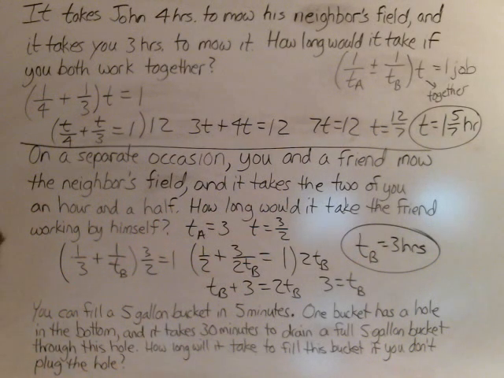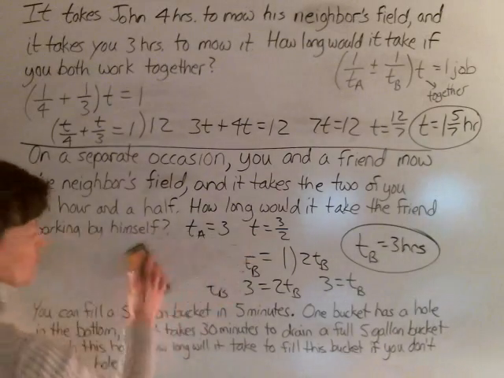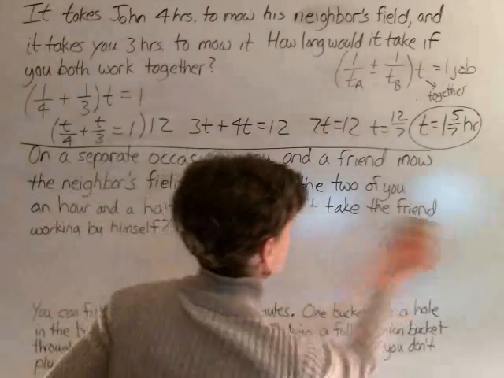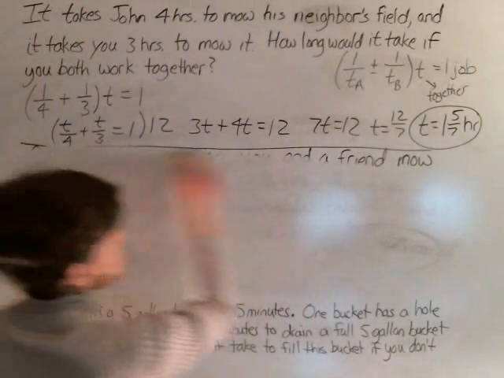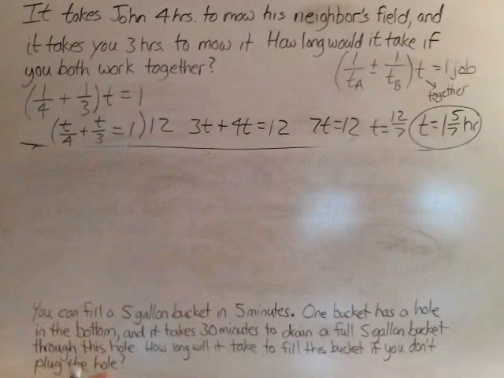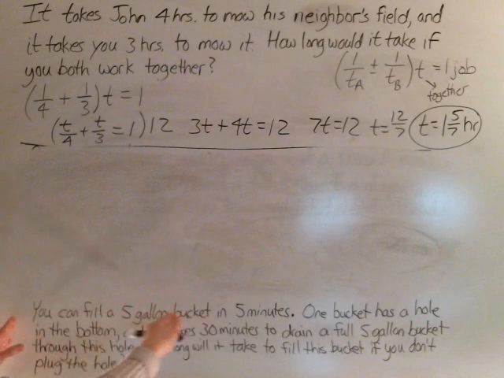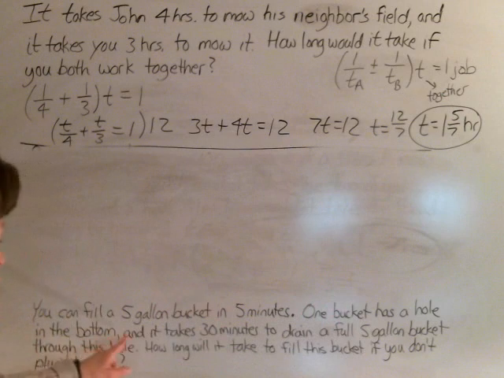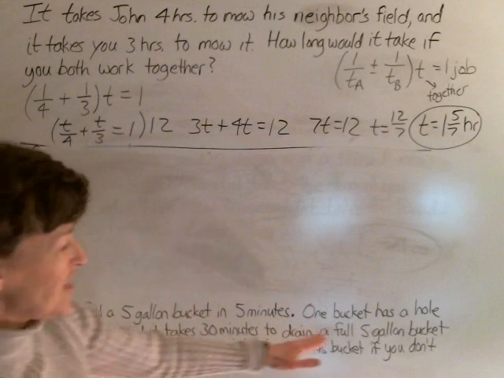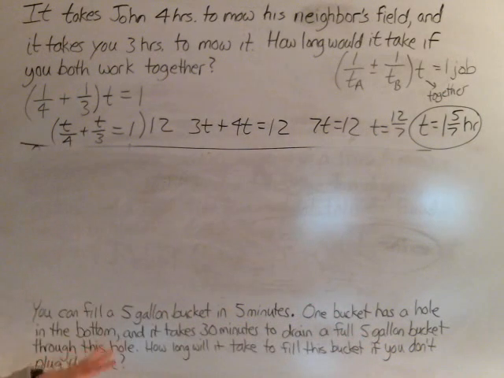All right, well, let's erase these so that we can do this last problem, which is yet another take on work rate problems. So if you look at this last one, we're filling a bucket. You can fill a 5-gallon bucket in 5 minutes. One bucket has a hole in the bottom, and it takes 30 minutes to drain a full 5-gallon bucket through this hole.